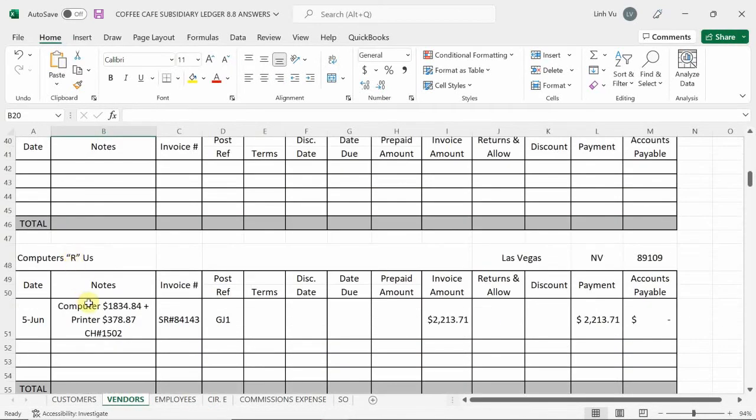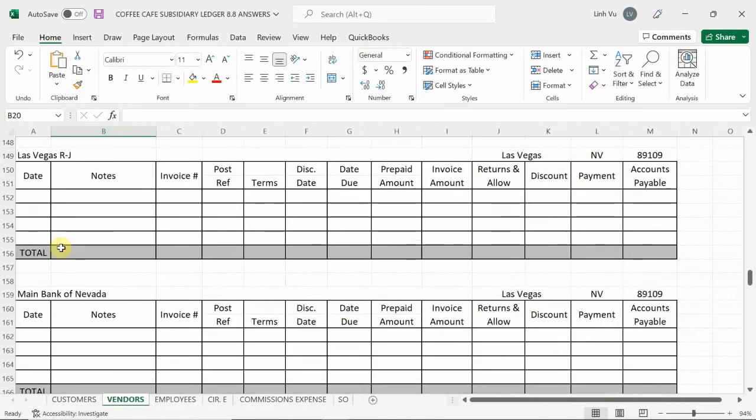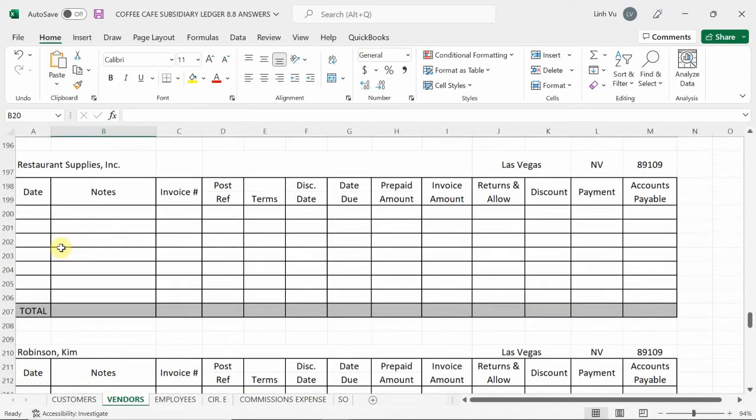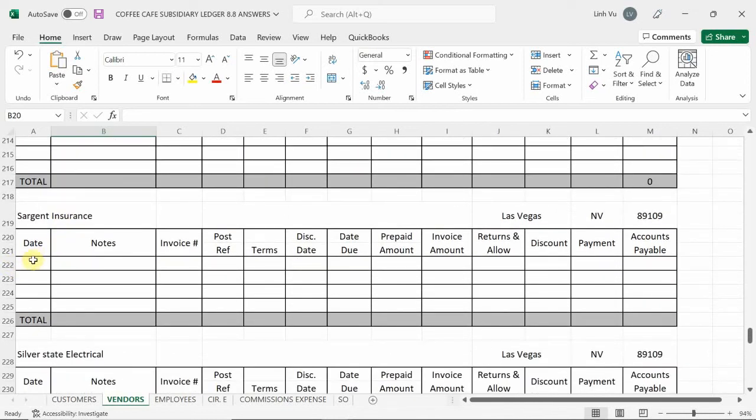Okay, so we have to look up our vendor because we want to ensure that our insurance company goes through. Description, I could say it's a 12-month liability insurance.